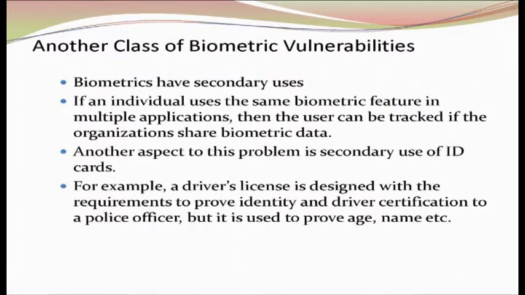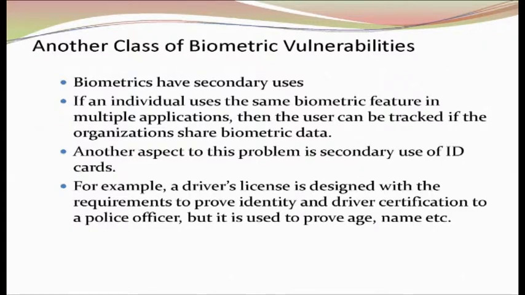Now, sometimes the biometric data we use for secondary purposes also. Suppose an individual has given the biometric data for multiple purposes. Now, if the different organizations share that information, because I have given my fingerprint, why shall I give it every time?